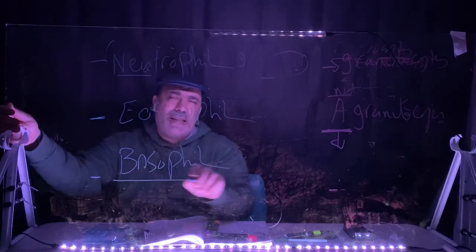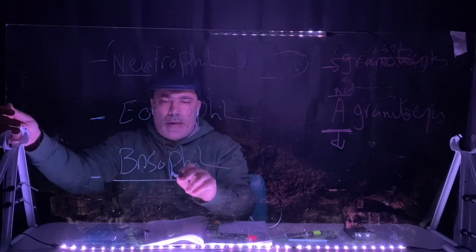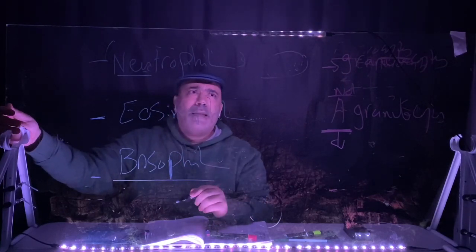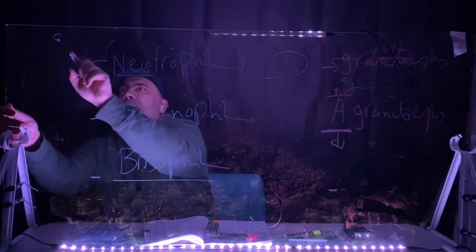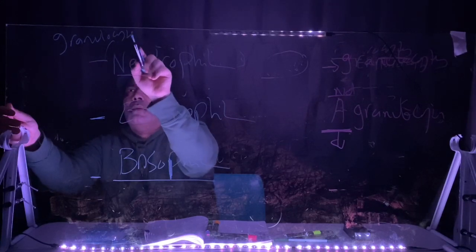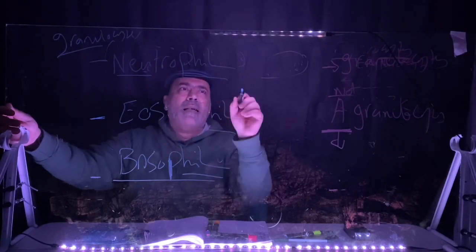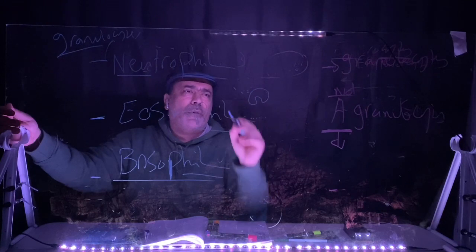This is the least abundant one of the granulocyte cells. And it has the histamine against the allergy, etc. Okay, so this is the granulocyte. It ends with phil, has the granules inside, and a lobed nucleus.